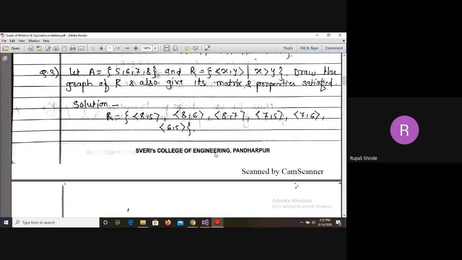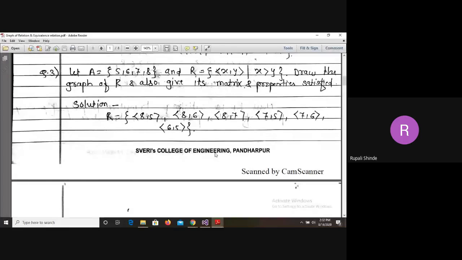Now check whether it is symmetric. Antisymmetric, ma'am. It is antisymmetric.